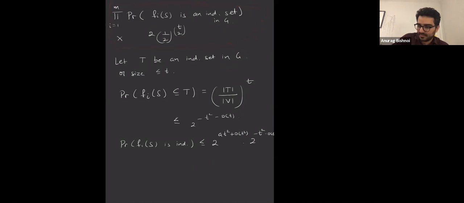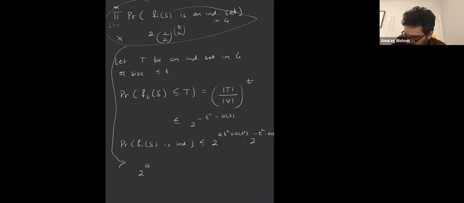So this thing is 2 to the m t squared minus m t squared plus some little o of t squared, multiplied by 2 to the 1 minus t choose 2.